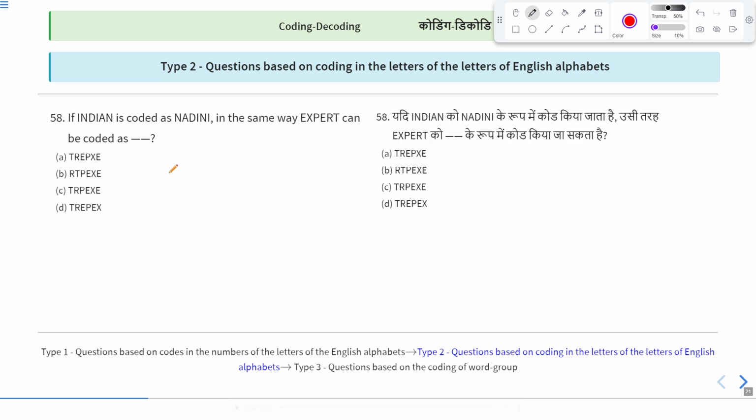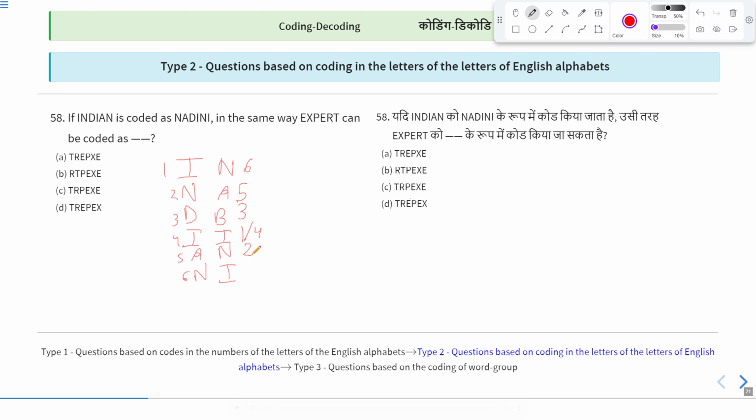Okay. Next we have question number 58, INDIAN, and this is written as NATINI. So 1, 2, 3, 4, 5, 6 becomes 6, 5, 3, 1, 4, and so on.